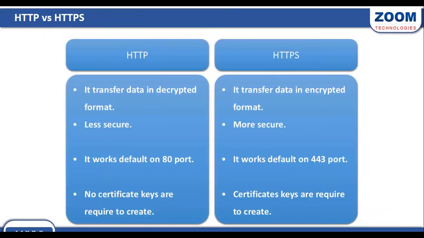HTTP is less secure, HTTPS more secure, obviously, because it transfers data in encrypted format. HTTP works by default on port 80. HTTPS works on port 443. In HTTP configuration, no certificates or keys are required to create. But in HTTPS configuration, certificates and keys are always required to create.